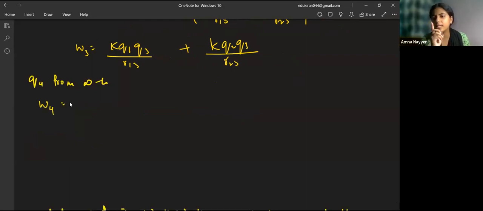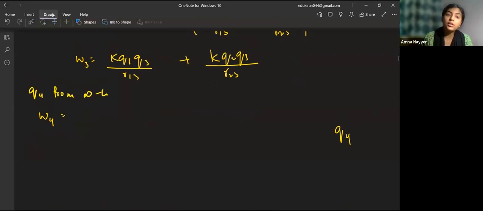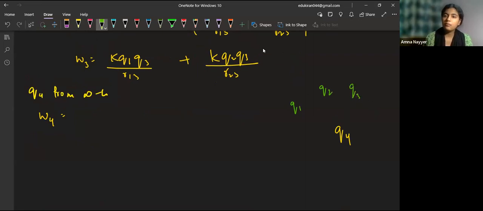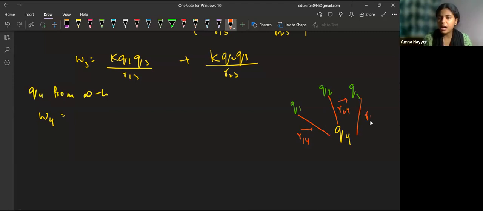If Q4 is present, what are all the charges that were present prior to Q4? Q1, Q2, Q3, they were already present. What is the relative separation between them? R14, R24, R34. Right, this is how we name it.